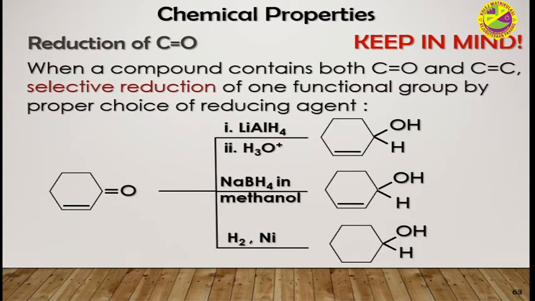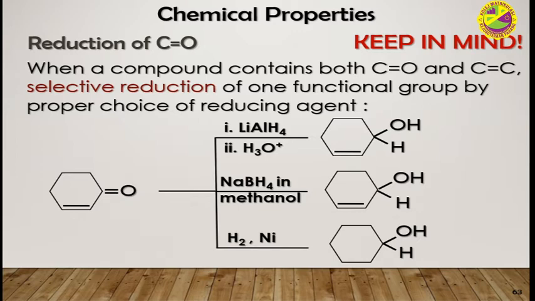You have to remember that when a compound contains both C double bond O and C double bond C, selective reduction of one functional group is possible by proper choice of reducing agent.